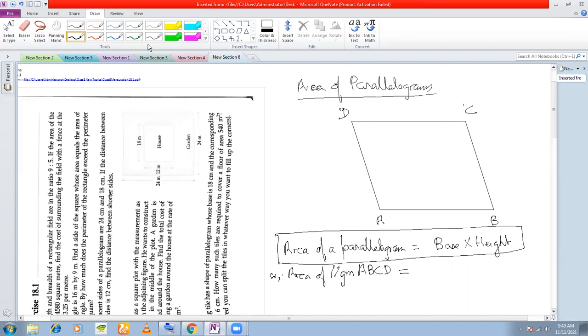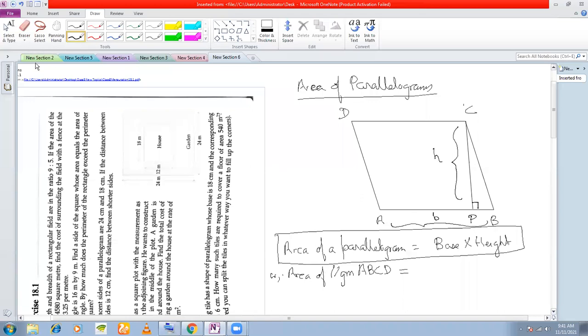Now suppose from C, I draw a perpendicular on the opposite side. Let us call it P. Then this becomes my height and AB becomes my base.